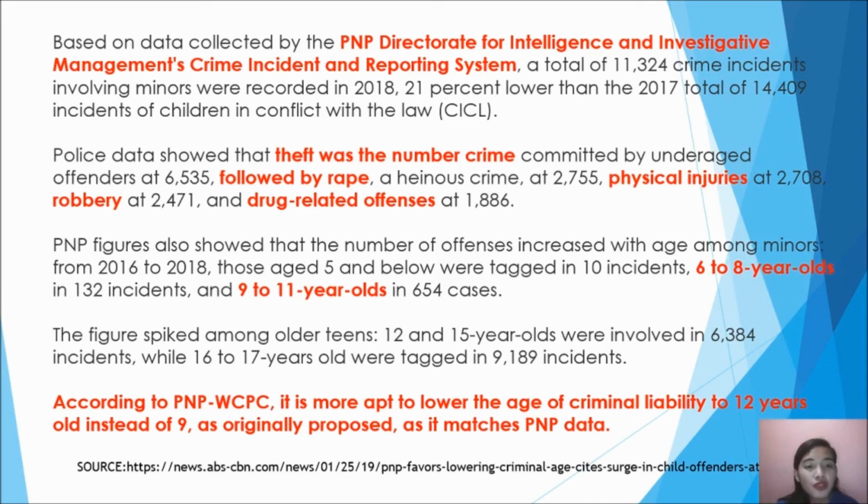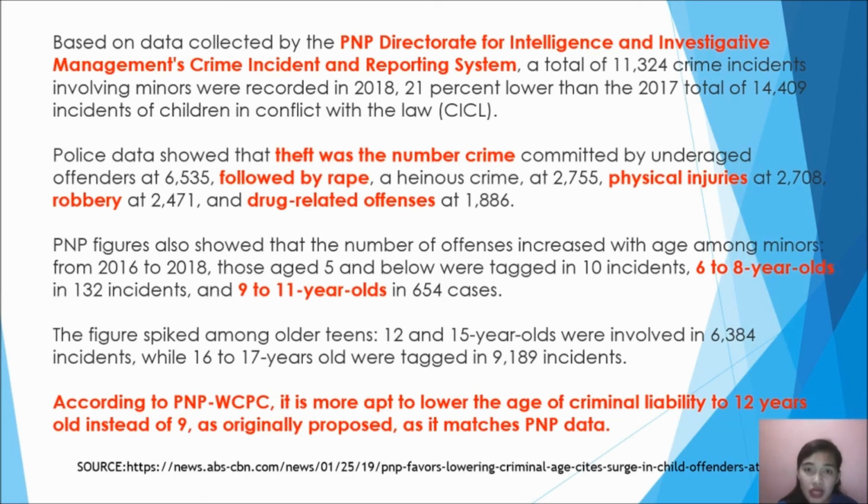PNP figures also showed that the number of offenses increased with age among minors. From 2016 to 2018, those aged 5 and below, imagine, 5 years old and below, were tagged in 10 incidents, 6 to 8 years old in 132 incidents, and 9 to 11 years old in 654 cases.